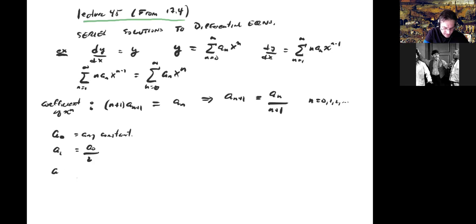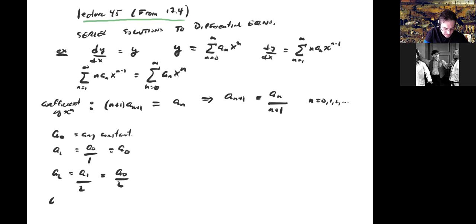I take that back. a_1 is a_0 over 0 plus 1, which is 1. So a_1 equals a_0. a_2 is a_1 over 2, which is a_0 over 2.